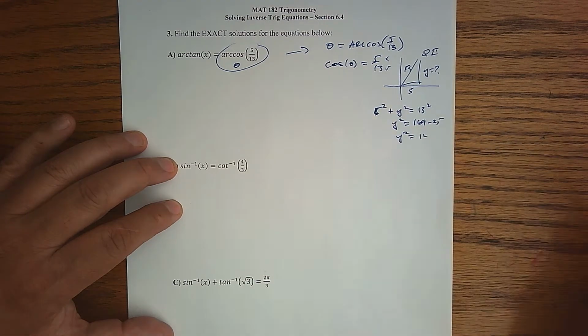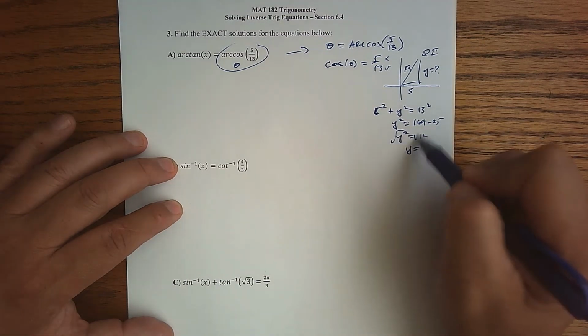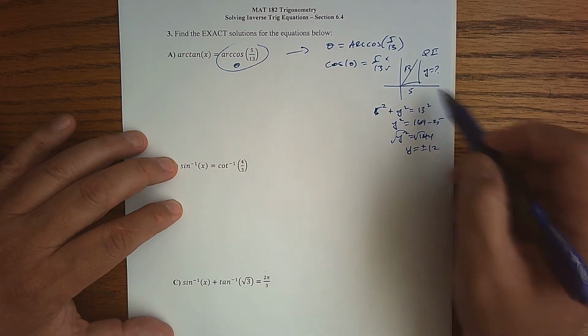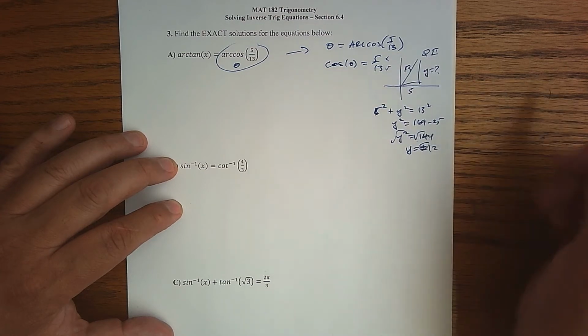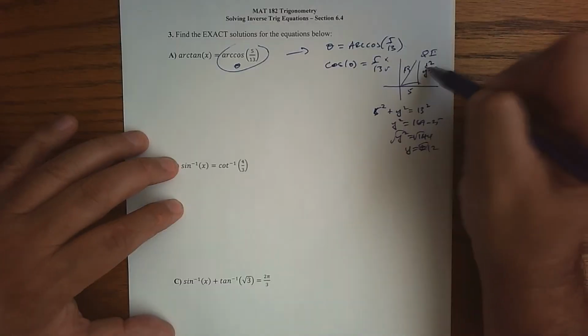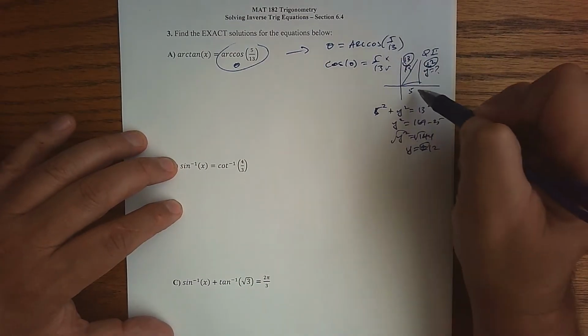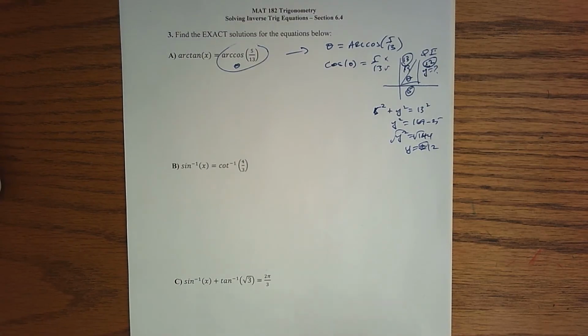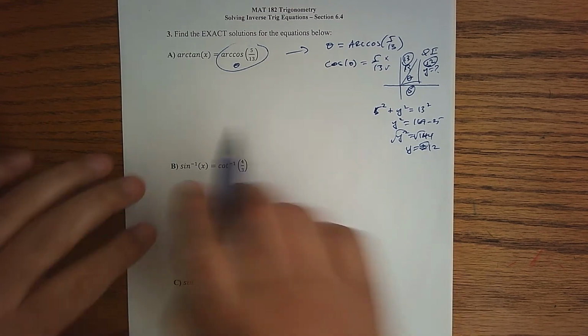Y squared is 144, and so y is plus or minus 12. Since we are in quad 1, we're considering the positive root. So this is 12, this is 13, this is 5, and there's our angle theta there. All right, so that work now prepares us to come back over here.